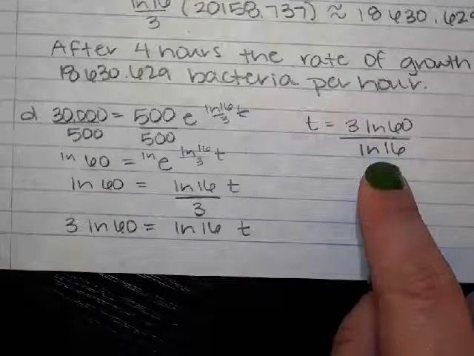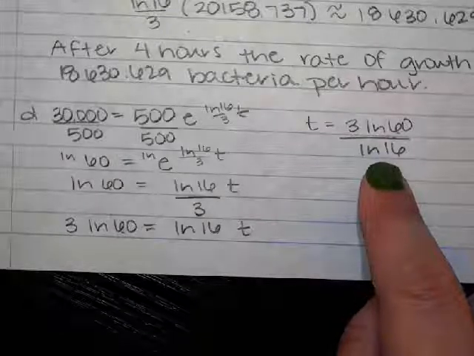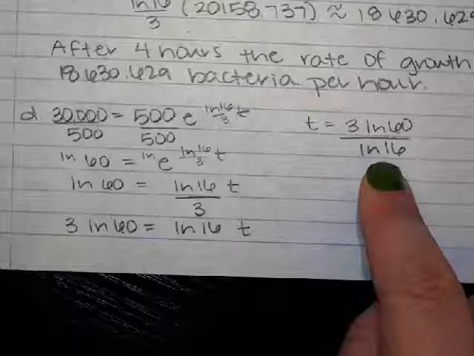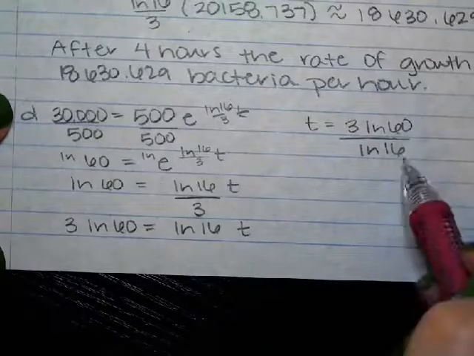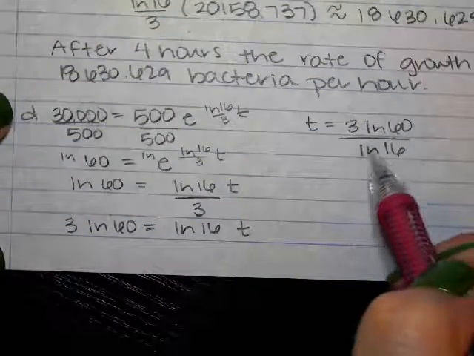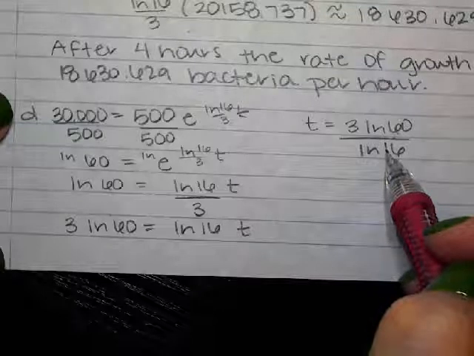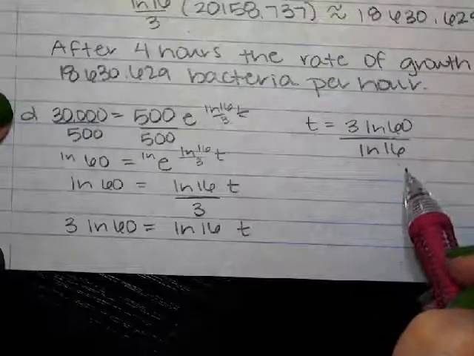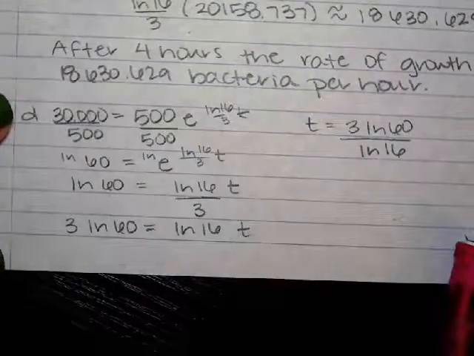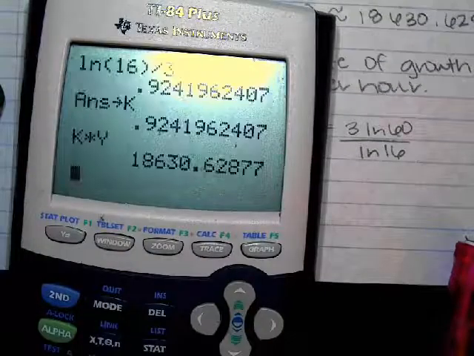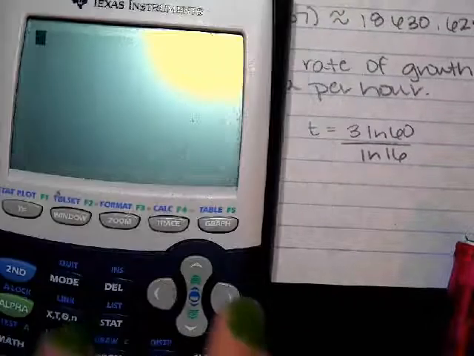You could think of this as log base, what is it? I think it's the same as log base 16 of 60. I believe it's the change of base formula. We can just type it in and see what the decimal is. At this point, you can just type it.